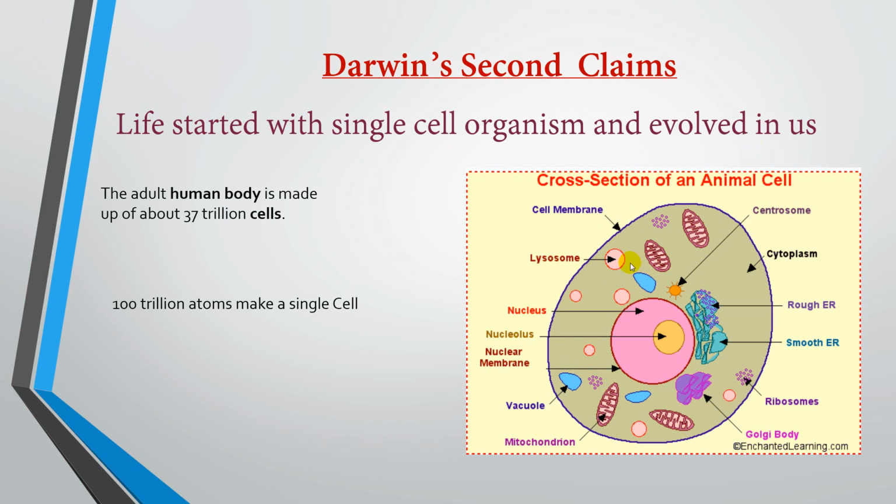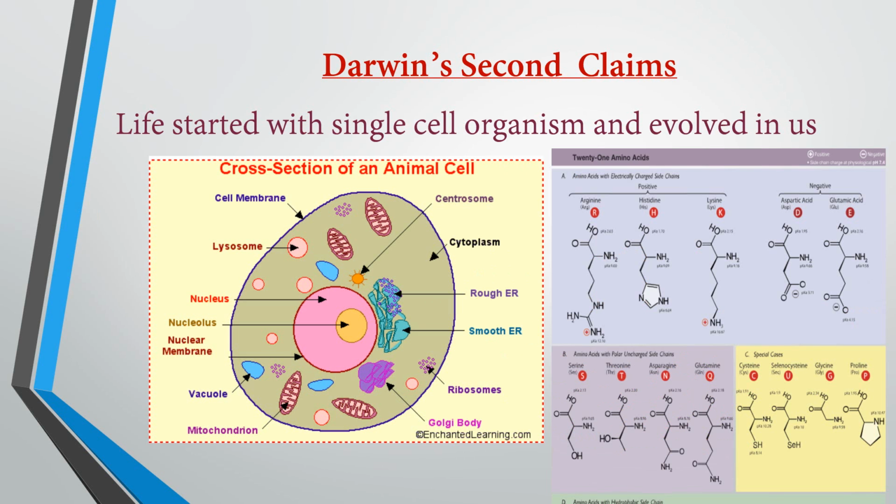But if we divide a single cell deeper, then we will find that a single cell is made up of 21 amino acids and a base. A base is a protein in living cells. Now, both base and amino acids are made up of molecules, and you can see molecules of some of the amino acids here, not 21.